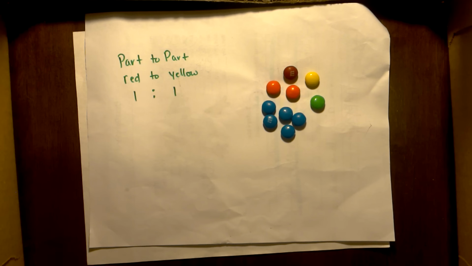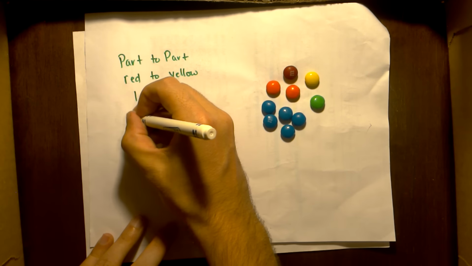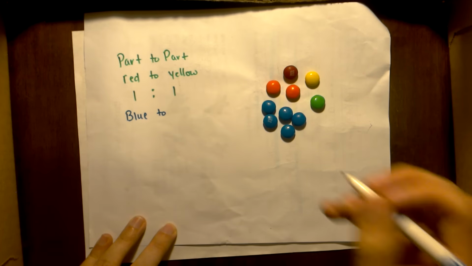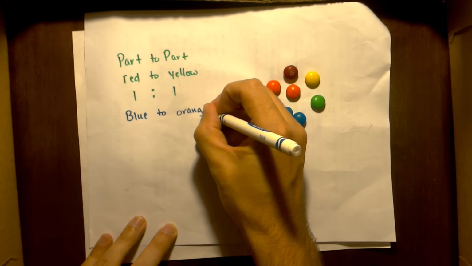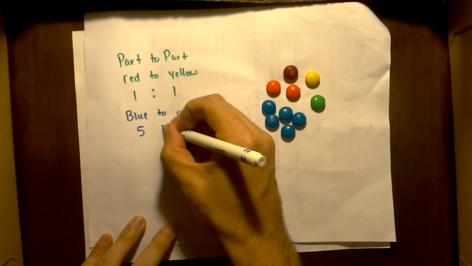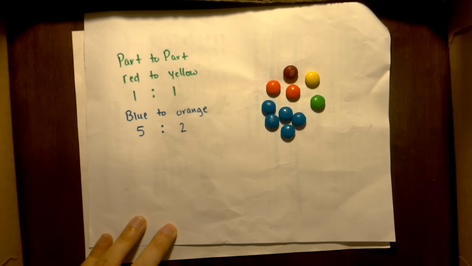Now, if I wanted to change it up a little bit, and I wanted to do a ratio of blue to orange, I would have 5 blue to 2 oranges. Now remember, I can write this 3 different ways.